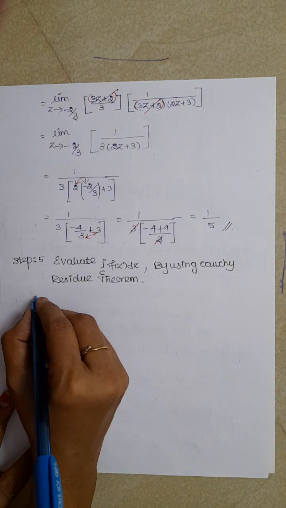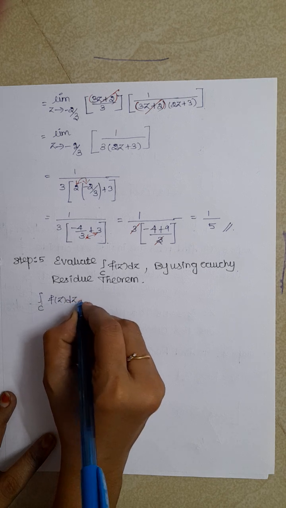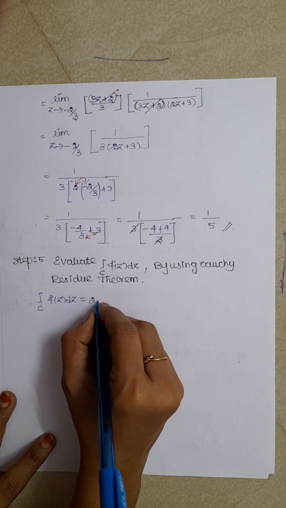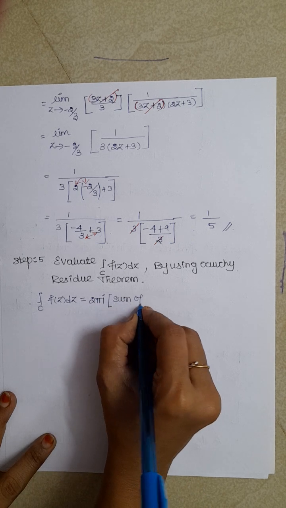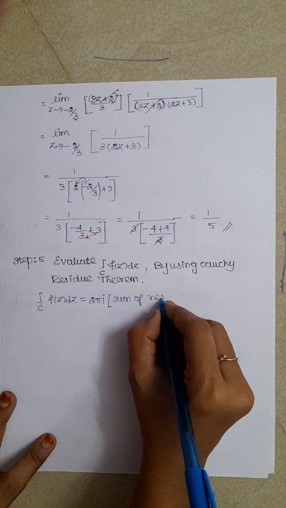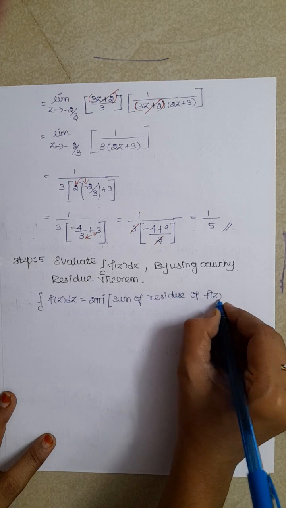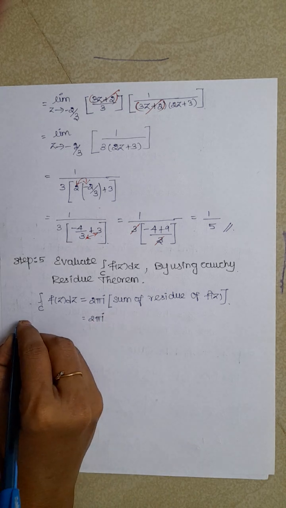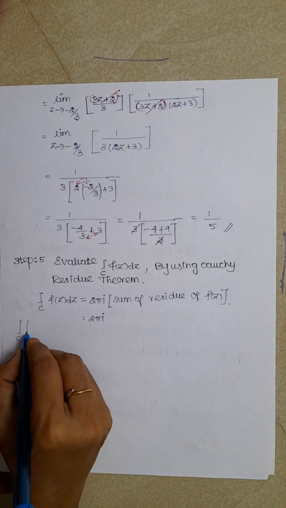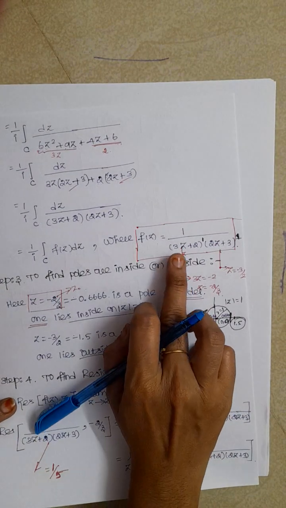The Cauchy residue theorem means the integral over C of f(z) dz is equal to 2 pi i times the sum of residues of f(z). So here 2 pi i is the same. The integral over C of f(z), what is f(z)? f(z) equals 1 by (3z plus 2) into (2z plus 3).